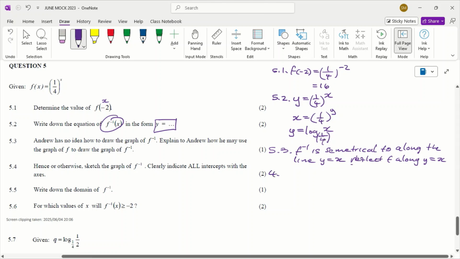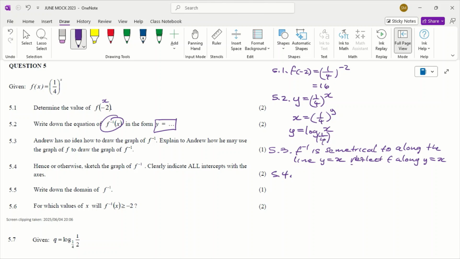Hence or otherwise sketch the graph of the inverse of f. For us to sketch the graph of the inverse, we need to sketch the graph of f on my Cartesian plane here.